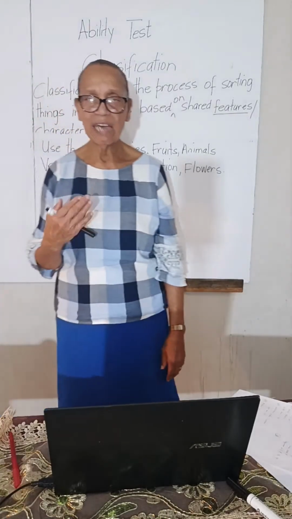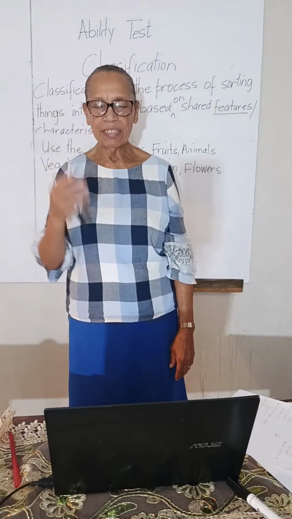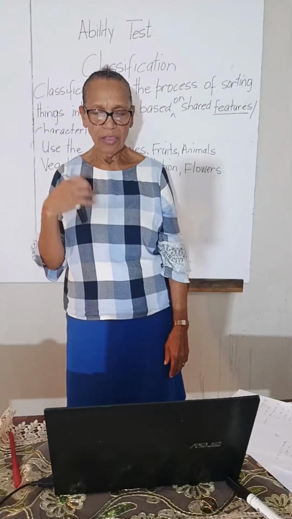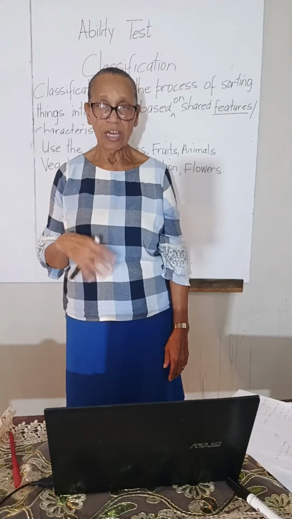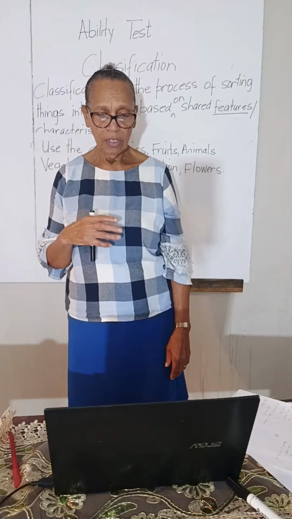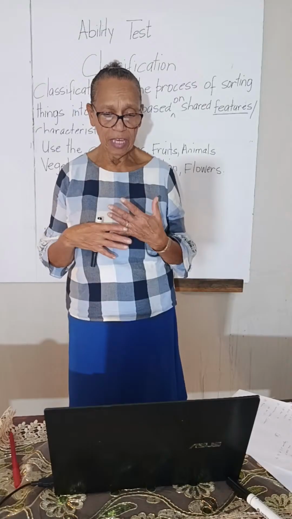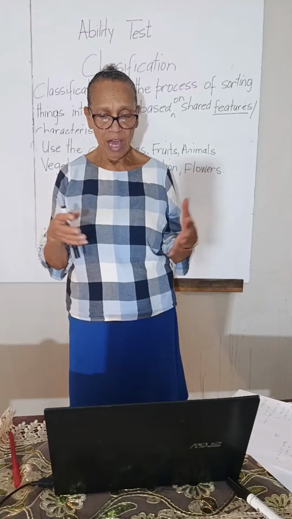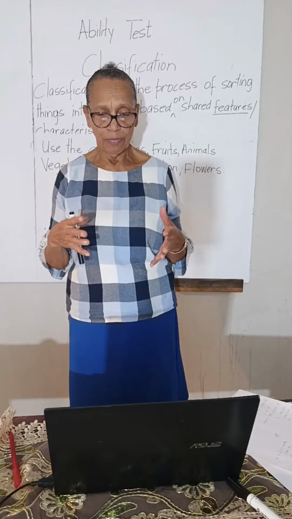You look at the size, you look at the habitat where they live, you can look at the material they're made of, you can look at their color, you can look at the shape. If you're thinking about shape, you can think about circles, triangles, squares, they are all shapes.